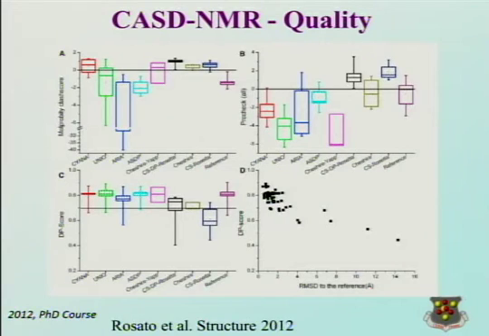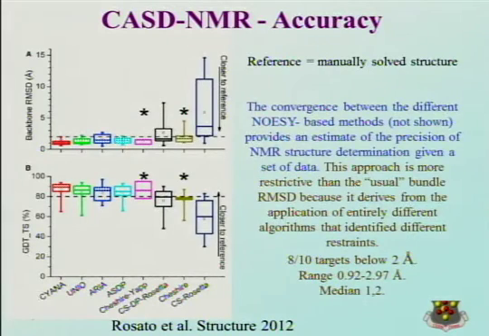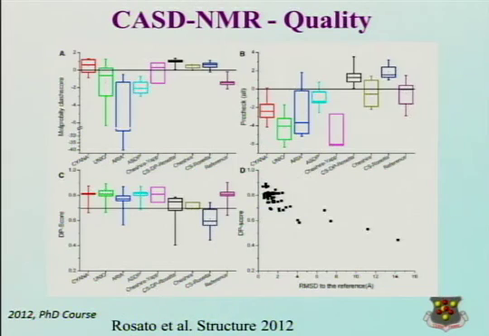For example, this is clash scores, and this is the Ramachandran plot distribution. And what is actually surprising is that this CS Rosetta program, for example, that I remind you was the one doing worst in terms of being similar to the reference structure, is actually the one that has the best quality parameters.